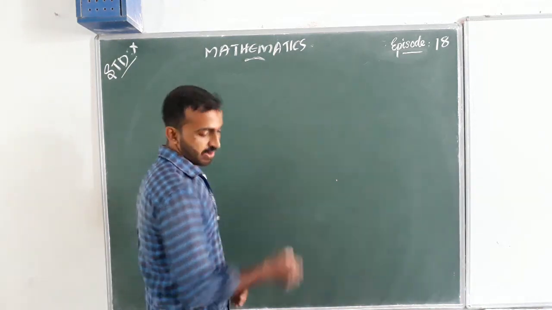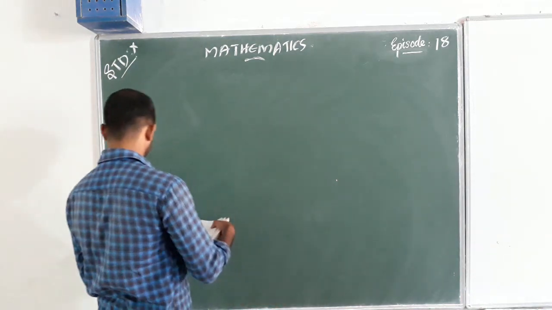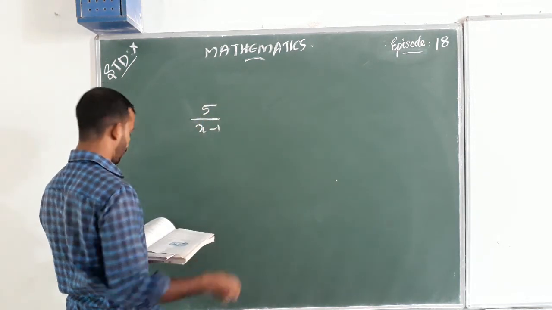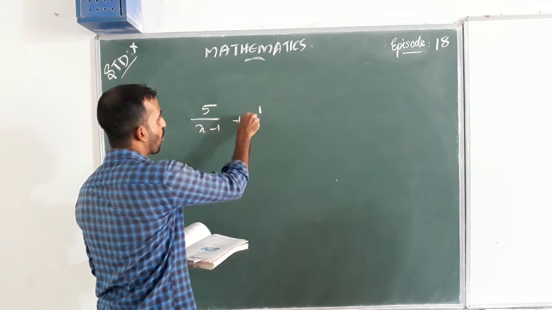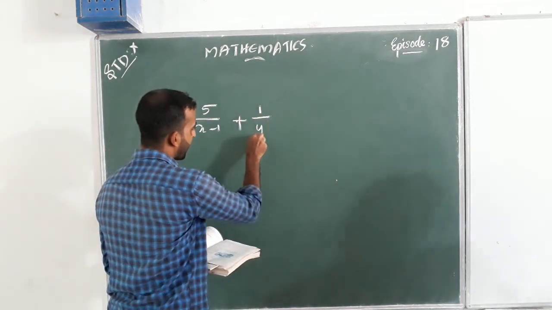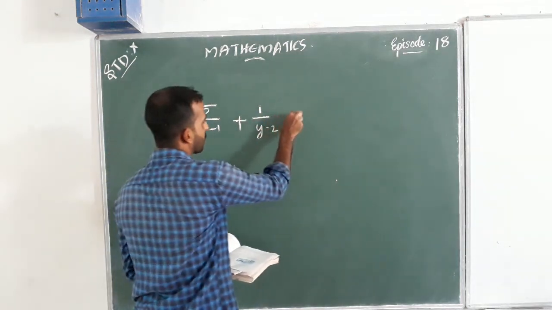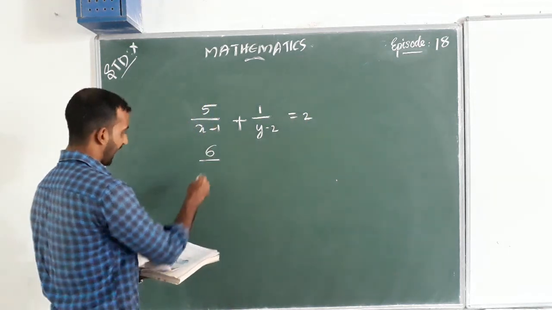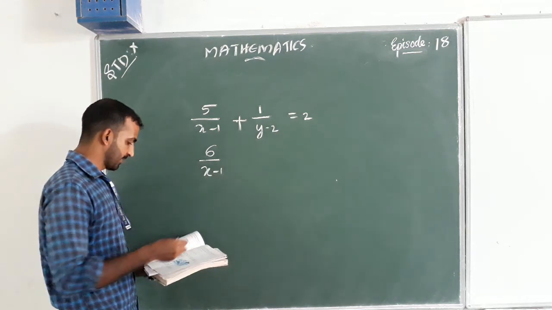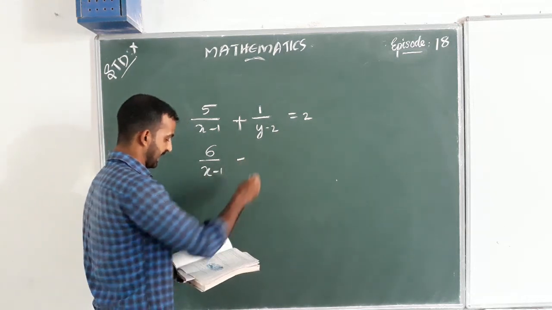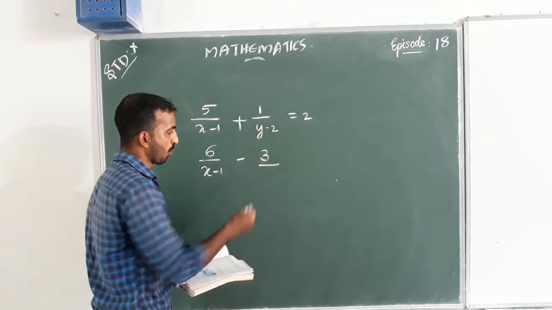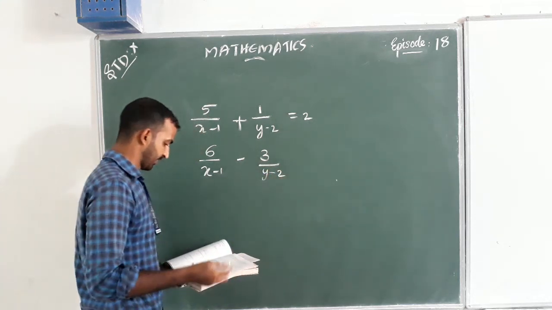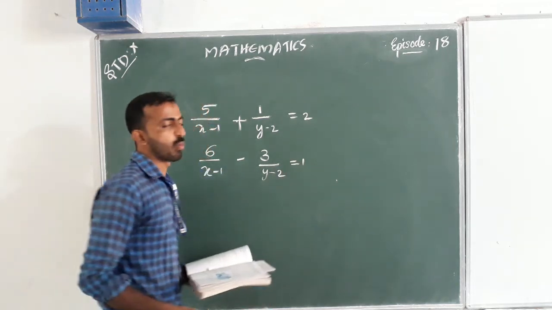5 by x minus 1 plus 1 by y minus 2 equal to 2, and 6 by x minus 1 minus 3 by y minus 2 equal to 1.